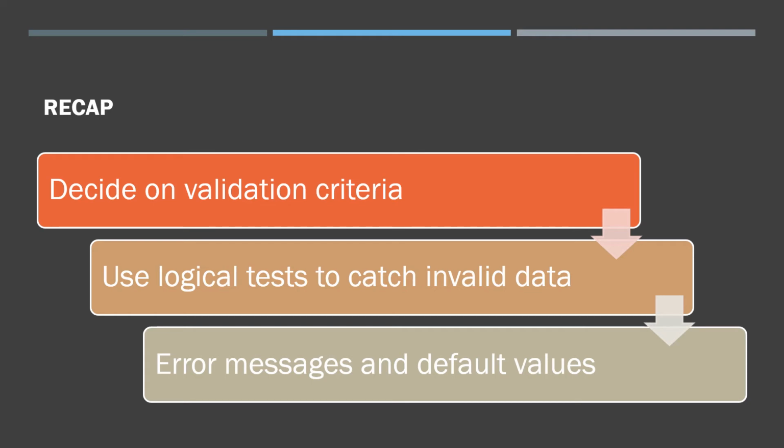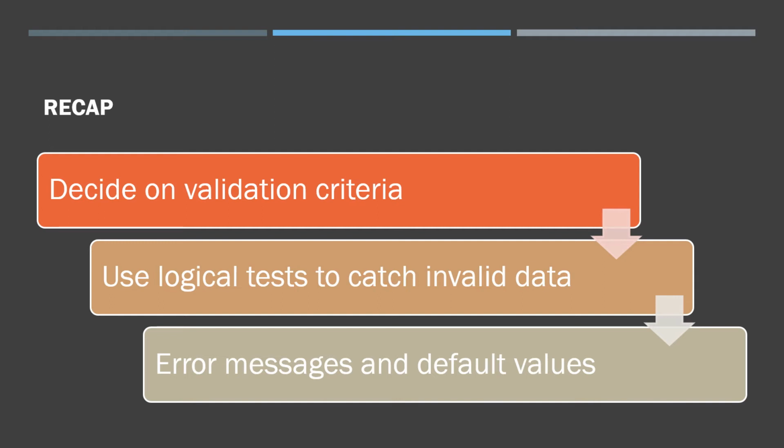In any case, we use logical tests and the conditional structures that we've learned about to catch invalid data, to spot when the data doesn't match our criteria. And the things that we can do include showing an error message on the screen using the print command and setting default values if the user hasn't managed to set a value.